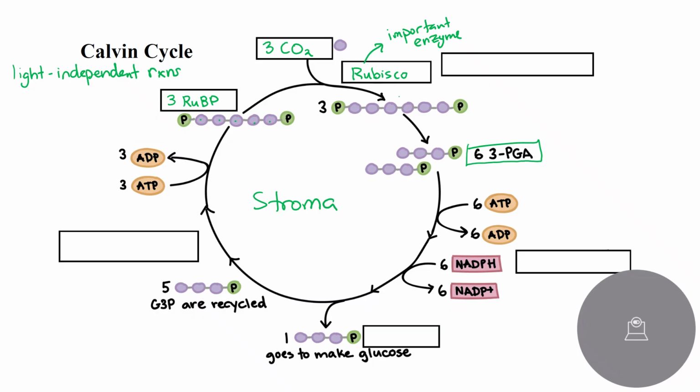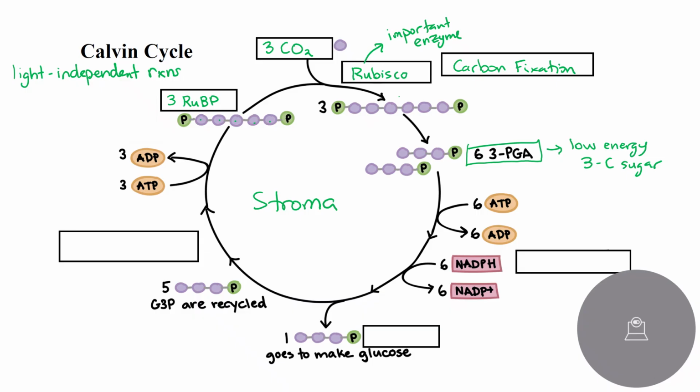This 3-carbon sugar, you don't need to know the name, but the name is there for convenience and understanding. 3-PGA, you can think of it as a low energy 3-carbon sugar. This first step is called carbon fixation. When you hear carbon fixation, it's simply taking something that's inorganic, like CO2, and incorporating it into an organic molecule.